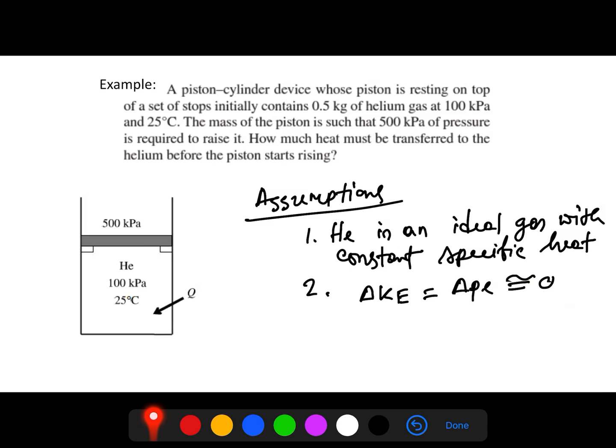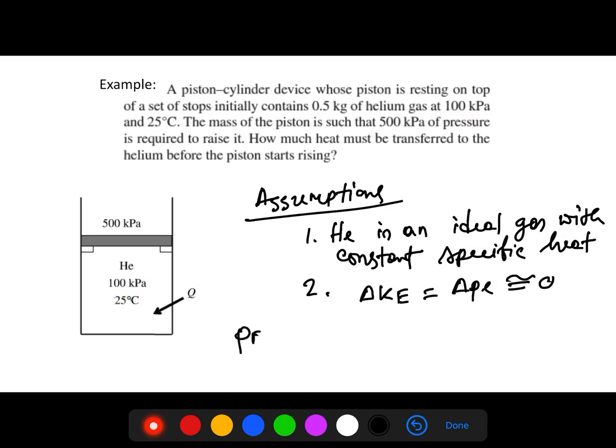It is not explicitly mentioned here, but as it is a closed system, the change of the potential and the kinetic energy is negligible. And also the thermal energy stored in the cylinder itself is negligible, and no other work interaction is involved in this case. So that's all of our assumptions.